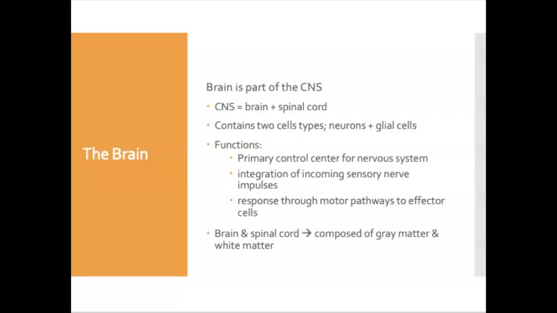Like the spinal cord, the brain contains two cell types, both neurons and glial cells. In terms of gross anatomy, the brain and the spinal cord contain gray matter and white matter.